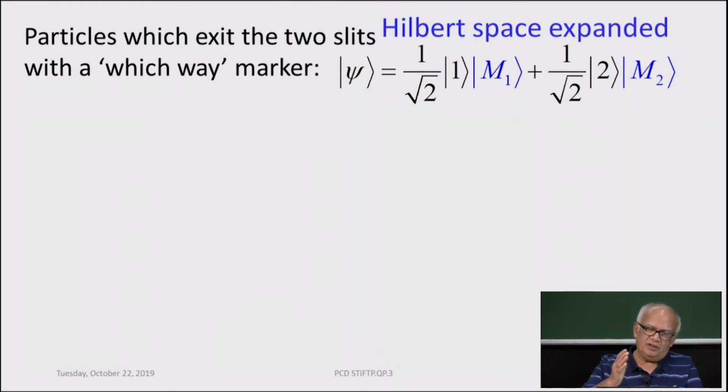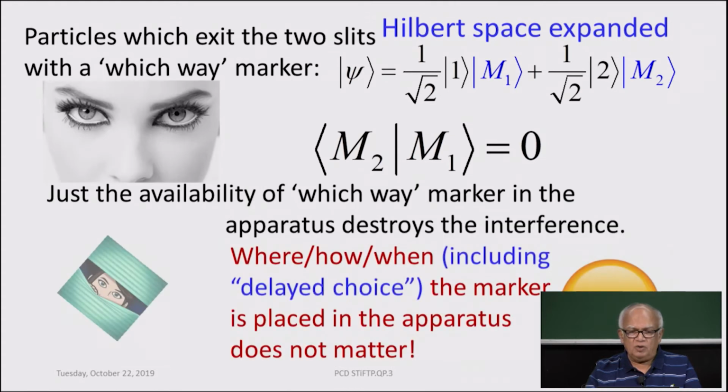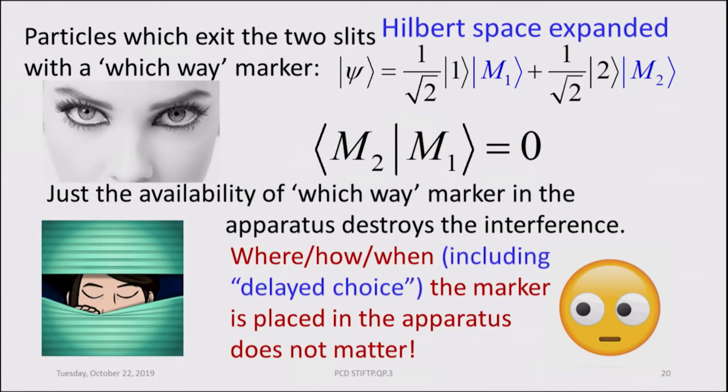It could be any one of the previous: you can have a shutter, you can have polarizers. Just the fact that you have got these markers that are orthogonal to each other allows you the opportunity to peek into the apparatus.